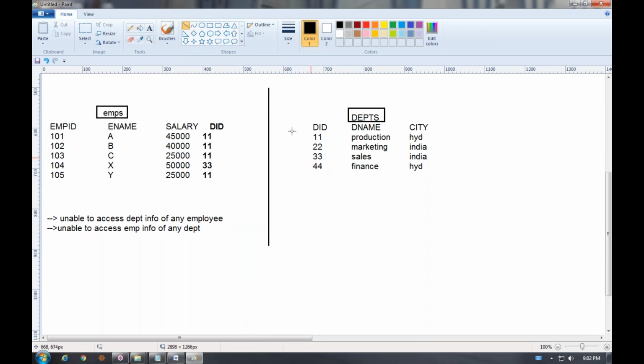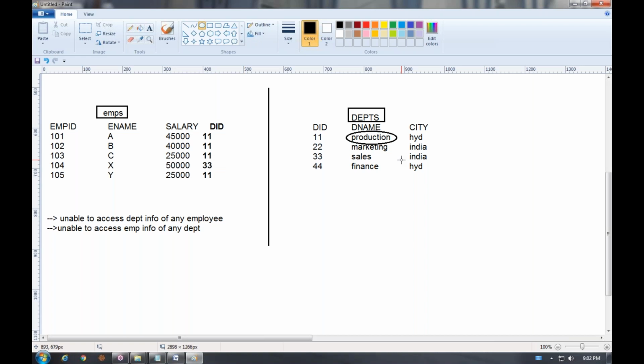Now tell me, how many employees under production? See, production means 11. Yes, Anush. 4 employees under production.